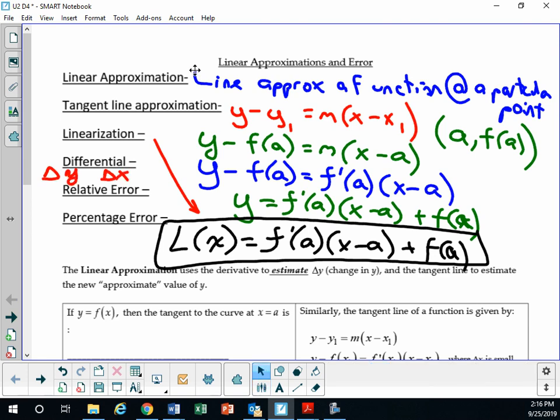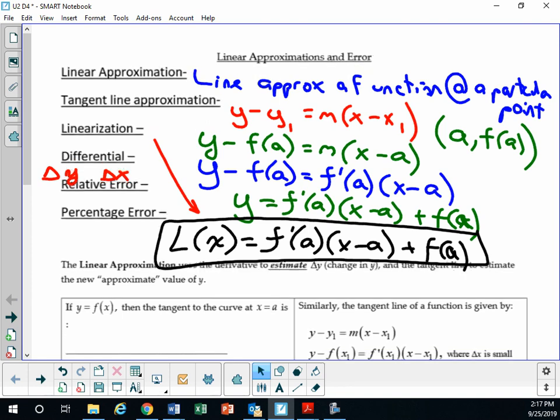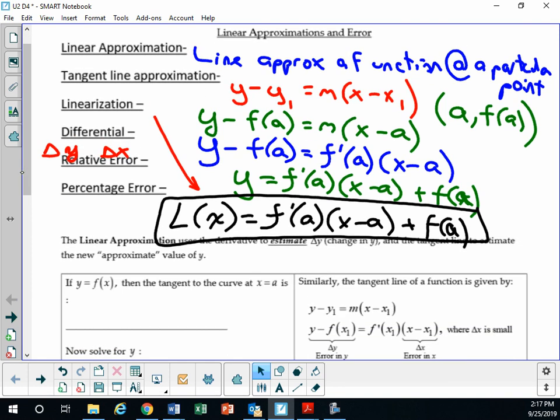It's that derivative, that change in. So a change in y, change in x, delta y. We're going to talk about relative error and percentage error in a minute. That's later on. But we'll talk about these four things right here, and not get lost.